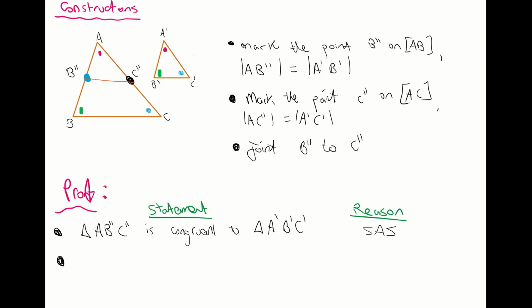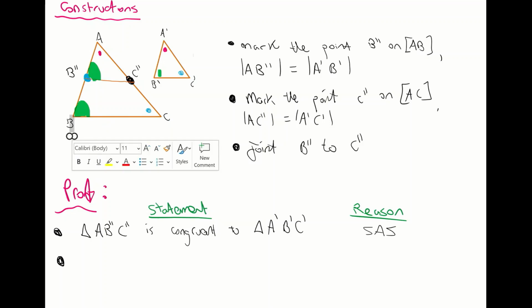Okay, what I want you to see now is we're going to look at some angles. So we know that this angle in here, angle A B double dash C double dash, is equal in size to this angle here, ABC. So those two angles are going to be equal in size. And the reason why they're equal in size is because they are corresponding angles. We could say now that the side BC is parallel to the line B double dash C double dash.